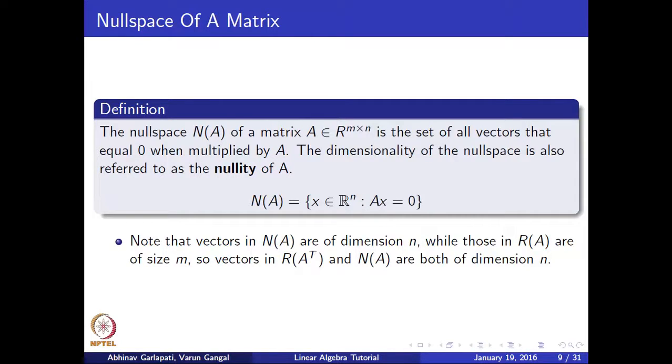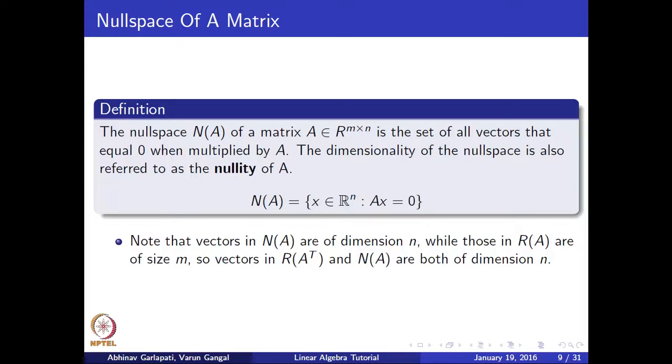Another interesting fact about null spaces is that the null space of A, N(A), consists of vectors of dimension n, while the range of A or the column space as we defined it earlier consists of vectors of dimension m, or m cross 1.